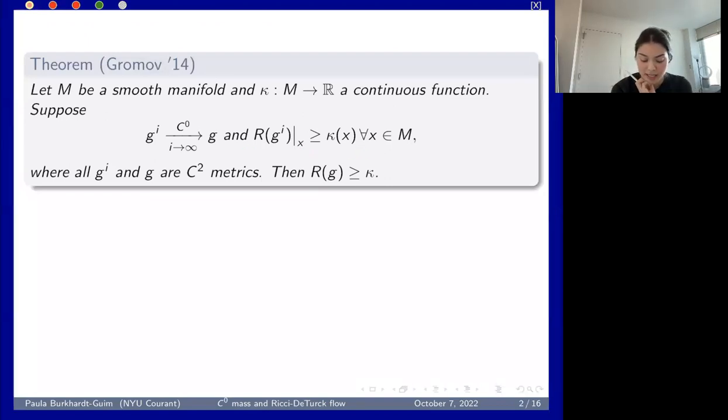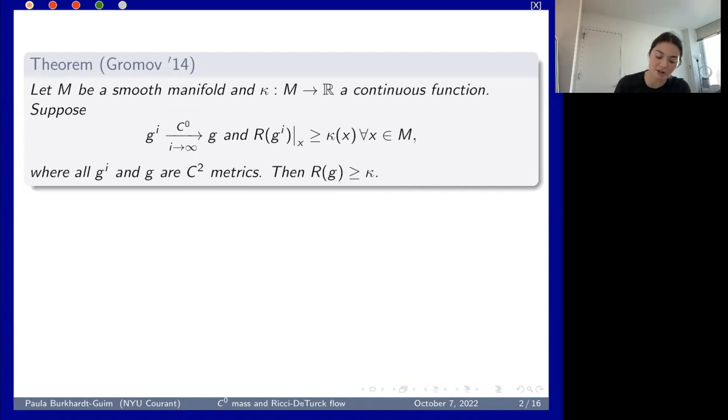This is an example of the sort of work in the area that I was talking about, where we have spaces with scalar curvature bounded below, these metrics g_i, and the non-smooth thing happening here is that we have C0 convergence.